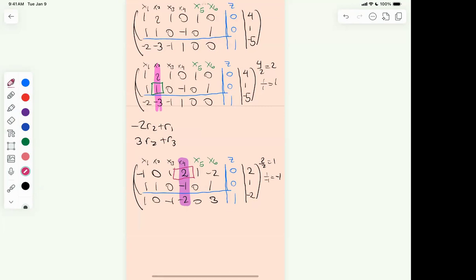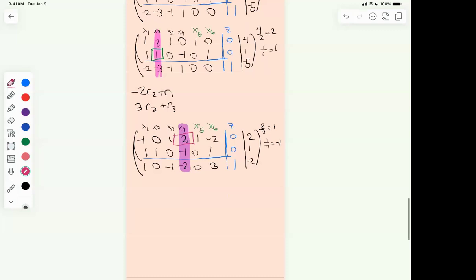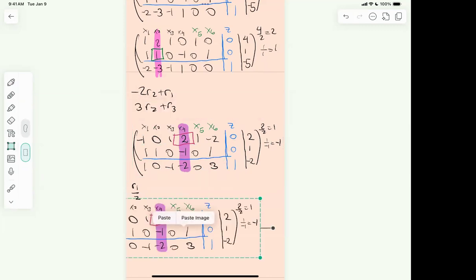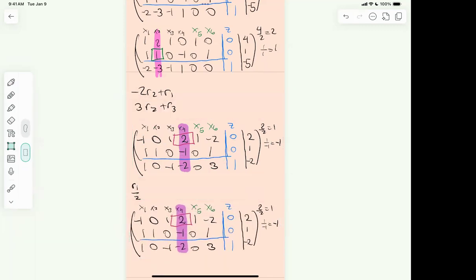This entry must be turned into a 1, and after you have turned it into a 1, you make zeros everywhere else. To do that is easy, you just do row 1 divided by 2. So let me divide everything here by 2.